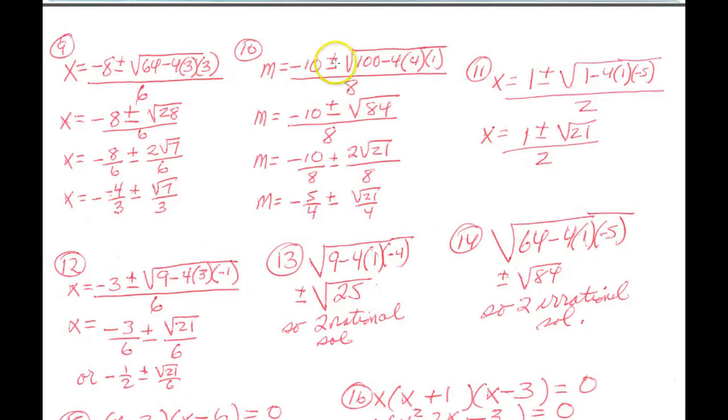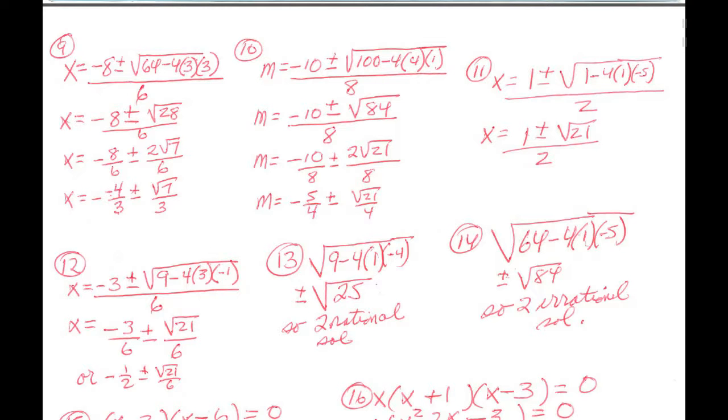Number 10, again, you had to identify, and I've worked it all out here for you. Square root of 84 is the square root of 4 times the square root of 21. Square root of 4 is 2. So again, we simplify, and the answer on the page is all over 4 here.